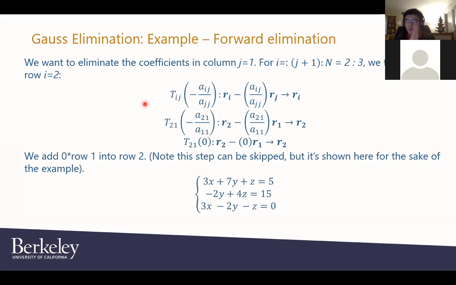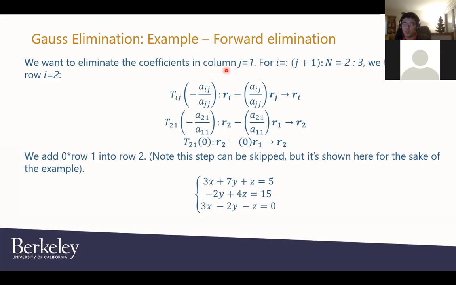So we will go column by column, and we want to eliminate all the coefficients below the diagonal. So for column j equals 1, and for rows, so here I am almost giving you a little bit of pseudocode, because these will be two loops, one inside the other. One for the columns and one for the rows.